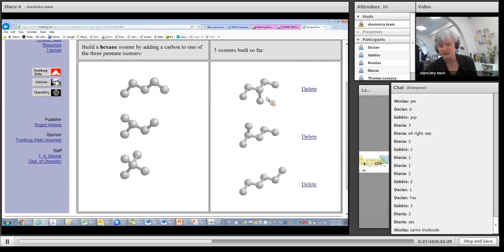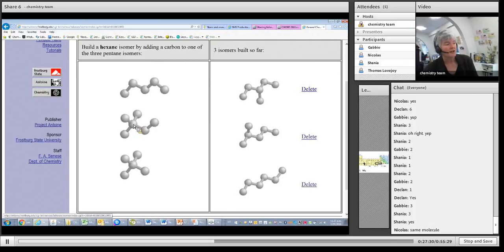Different names, different isomers. Then I can carry on making isomers by adding onto here. If I add on to the end, I'm just making 2-methyl pentane again. If I add to this end, I'm just making 3-methyl pentane again.